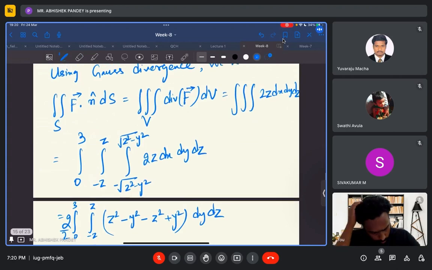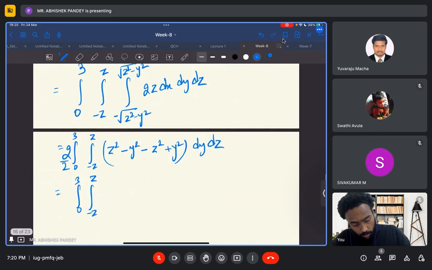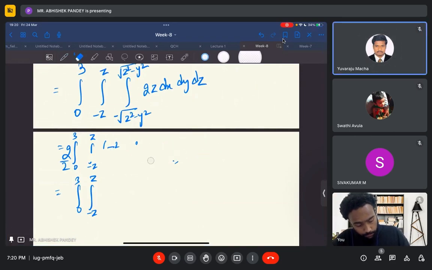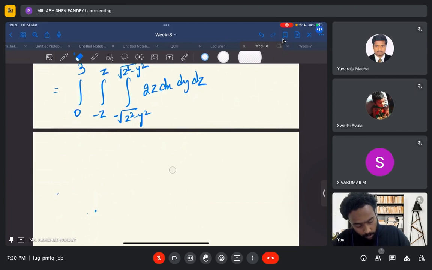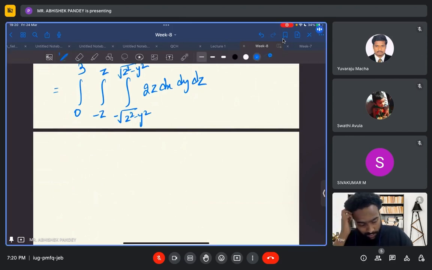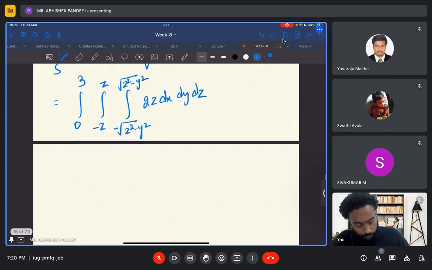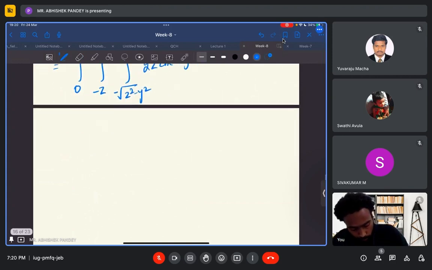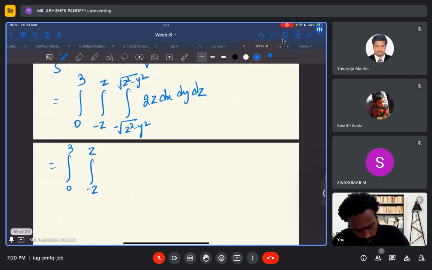Is it correct? Oh wait, sorry. No, sir. Yeah, sorry. I forgot the limit, which is basically the limit of x. Okay, fine. So this is 0 to 3, minus z to z, and let us take 2z.